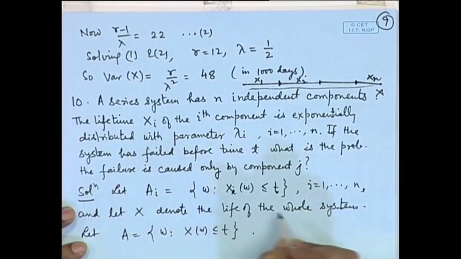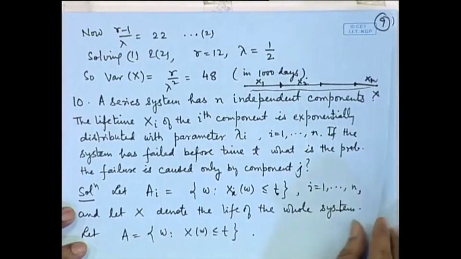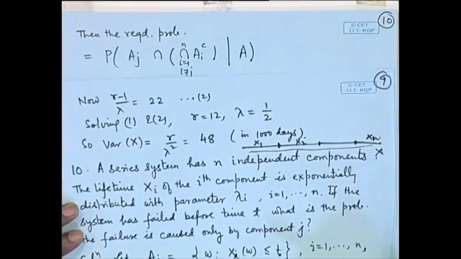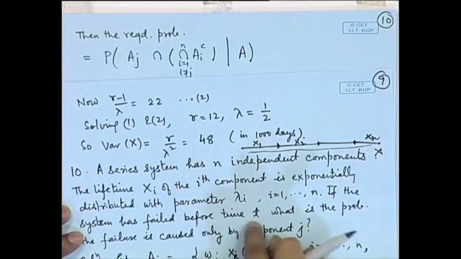Consider X to be the life of the whole system. So, A is the event that the entire system fails before time t. We are asked to find the probability that the failure is caused by component j, given that the system has actually failed.